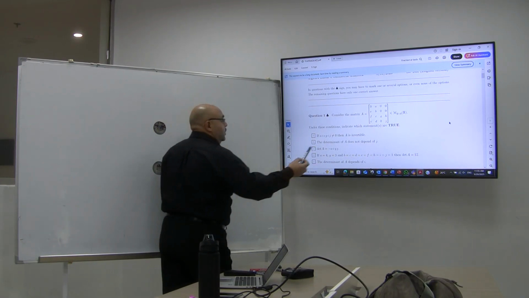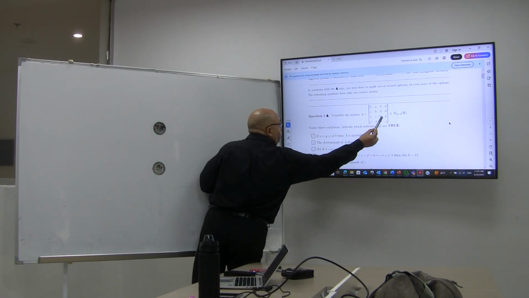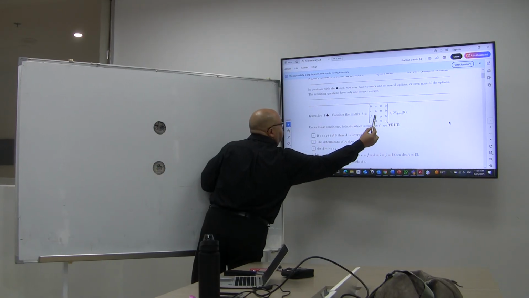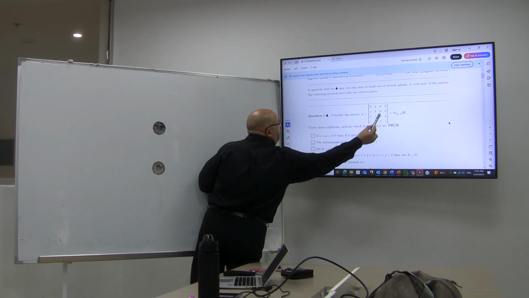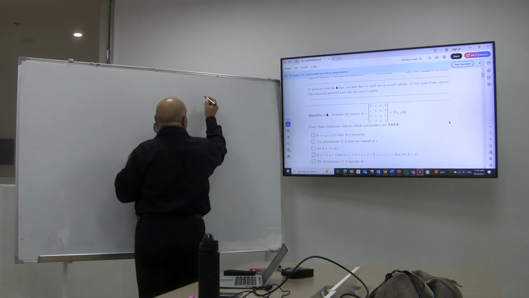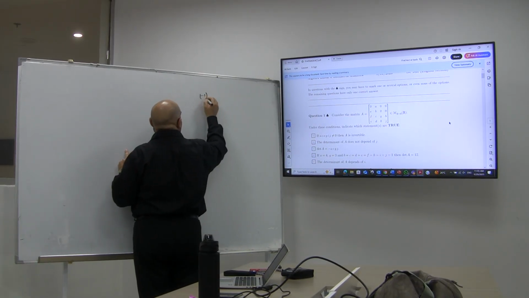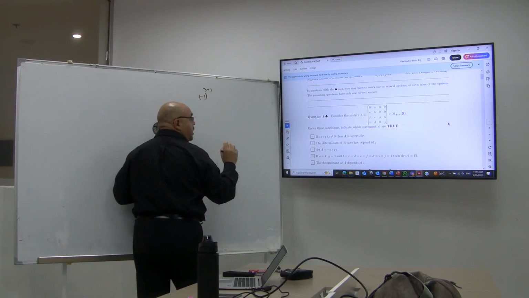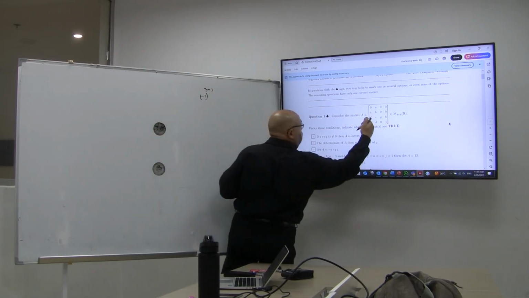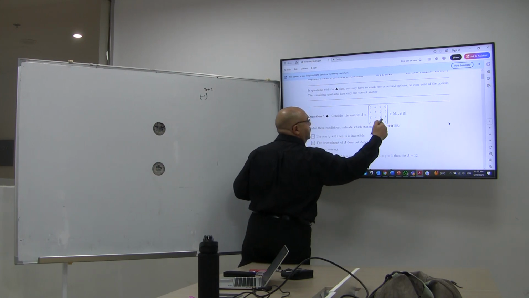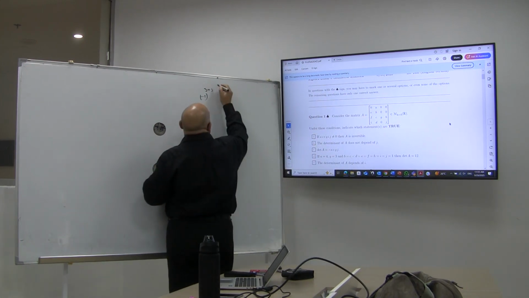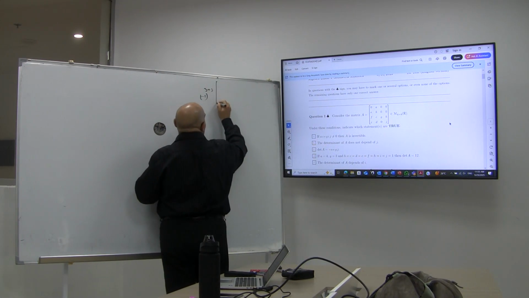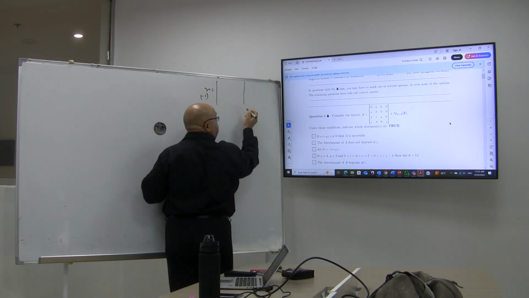The algebraic complement of this element, it is in the third row and in the third column, so the sign is -1 to the power of 3 plus 3. Then eliminate the row and the column, and please give me the remaining symbols.